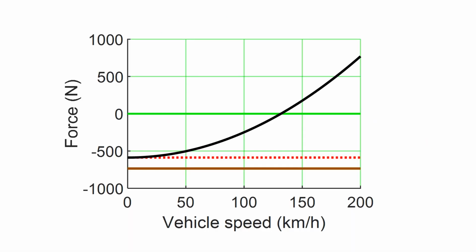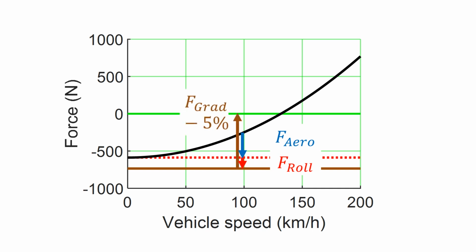A downhill gradient will shift the running resistance force downwards in the diagram. Notice that the y-scale has changed to include negative force. Again, the total running resistance force equals aerodynamic resistance plus rolling resistance plus gradient force, which is now negative.